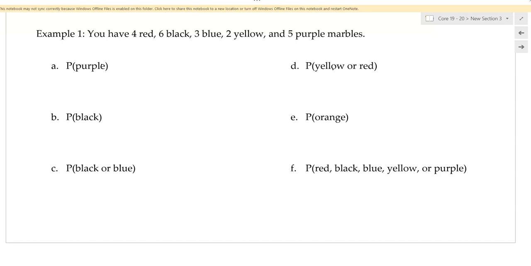So the first thing we need to do is figure out how many total marbles we have. I have 4 red, and 6 black, and 3 blue, and 2 yellow, and 5 purple. If you add all these up, we have 20 marbles.